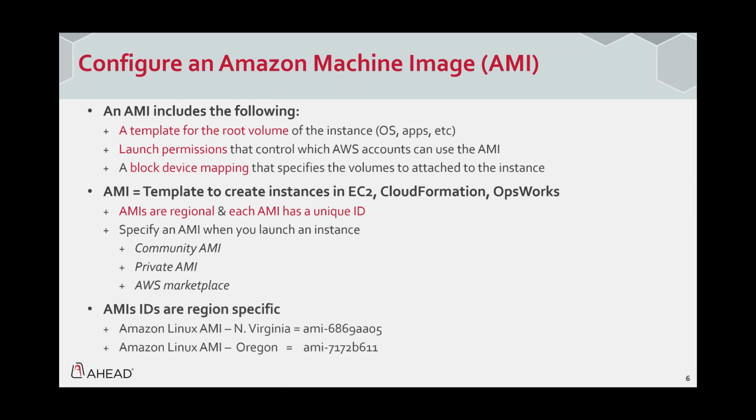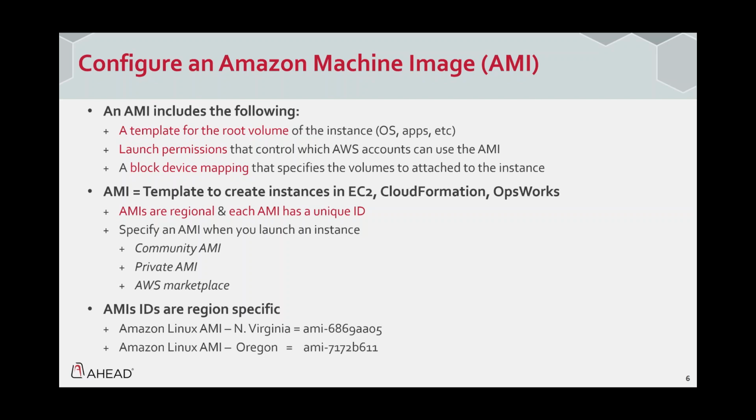And the one thing I do like to mention here is that because AMIs are regional and each AMI has a unique ID, the IDs are also region-specific. So, for example, the Amazon Linux AMI in Northern Virginia has an ID of 6869805, but the same exact template in Oregon has a different AMI ID.